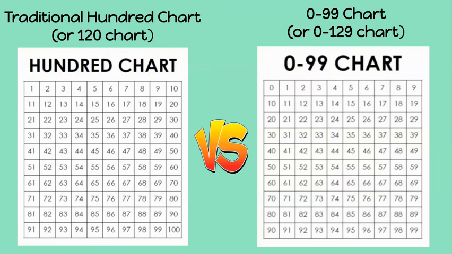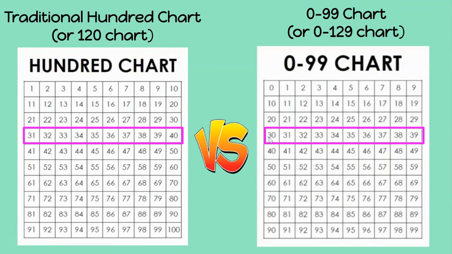So we're going to take a look instead at a similar chart that goes from 0 to 99. The big difference is when you compare a row here, a traditional hundreds chart starts at, like this row starts at 31 and ends at 40.